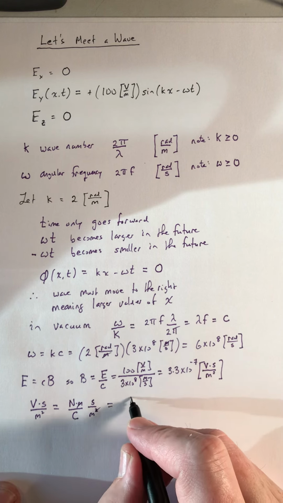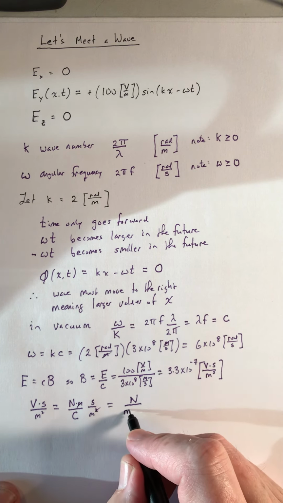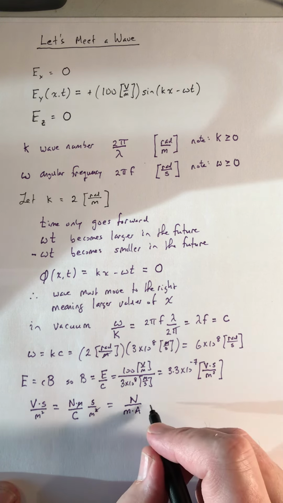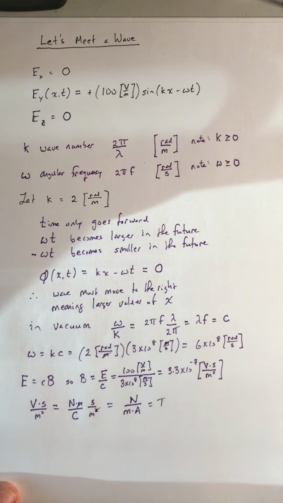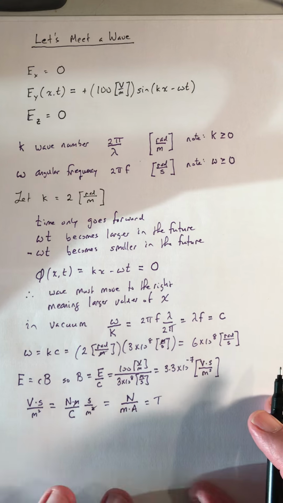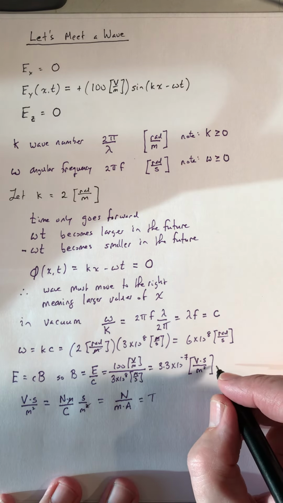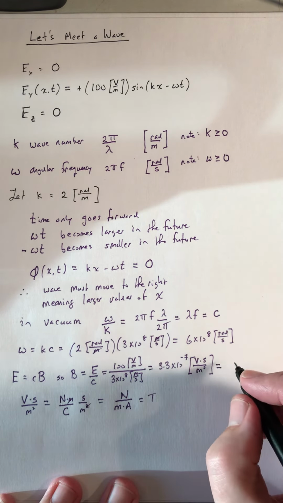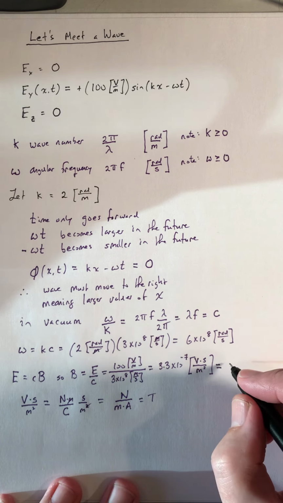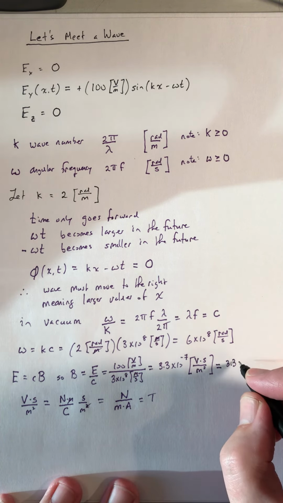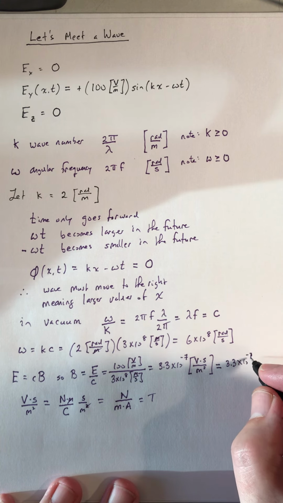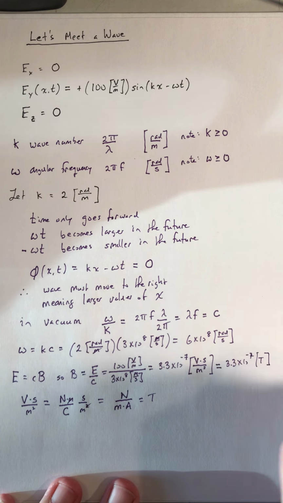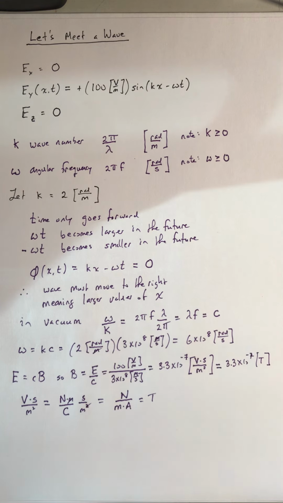So that is a Newton per meter per amp, which is in fact a Tesla. So, as desired, B is going to have units of Tesla. 3.3 times 10 to the minus 7 Tesla.